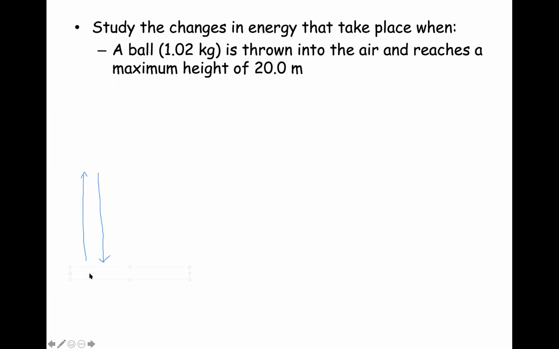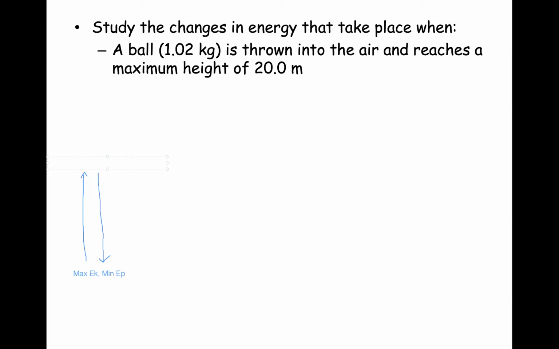So at the bottom here, right as we throw it, it is going to have maximum kinetic energy and minimum potential energy, because it's at the lowest part of its flight. And then when we get to the top here, all of that kinetic energy is being converted to potential energy.